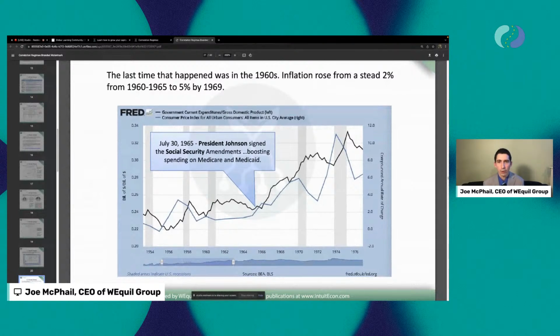The 70s are often referenced as the inflationary period, but it actually started in 1965. President Johnson signed the Social Security amendments, boosting spending on Medicaid and Medicare. But there was also just a whole lot more going on there than just that. So that was the beginning of seeing this ramp up in government expenditures as a percent of GDP.